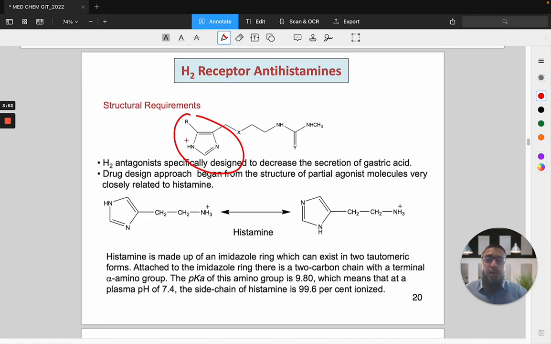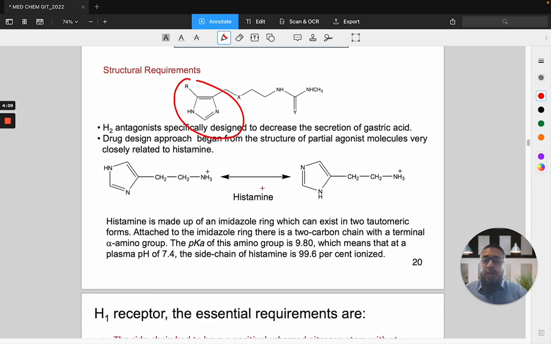But once a molecule binds with the histamine receptors and blocks the function, it can reduce the secretion of the gastric acid.